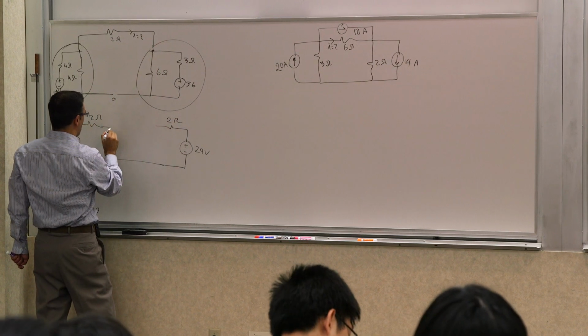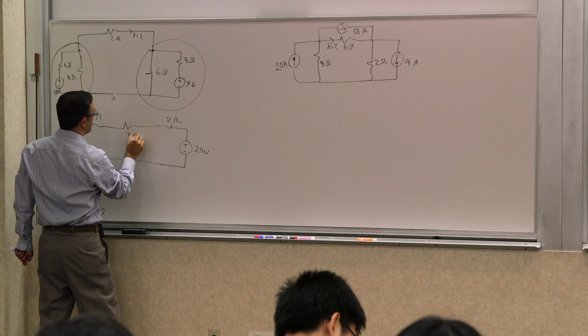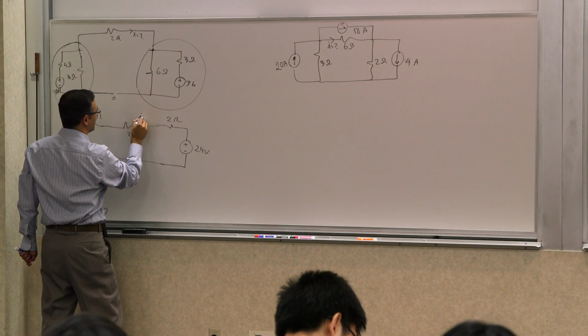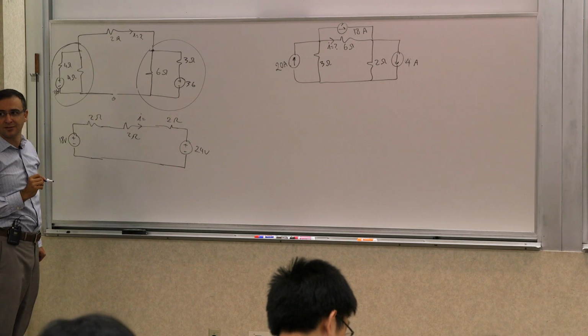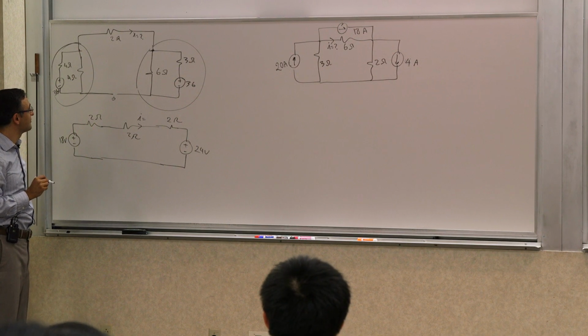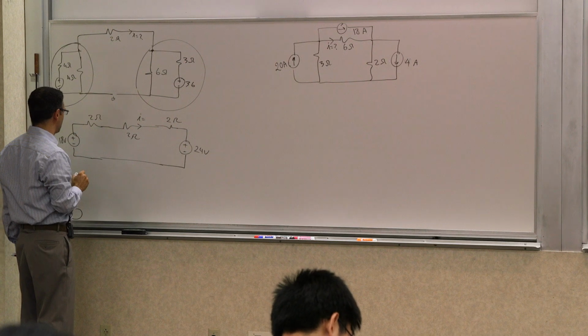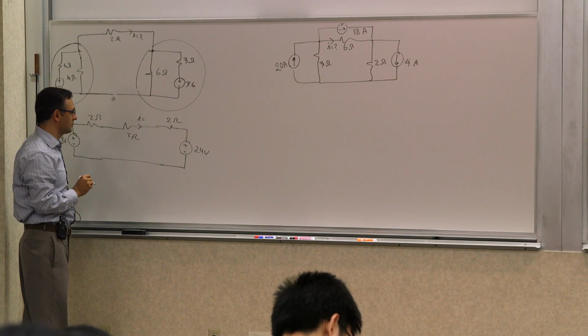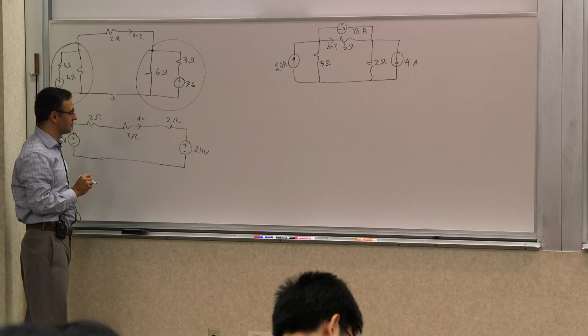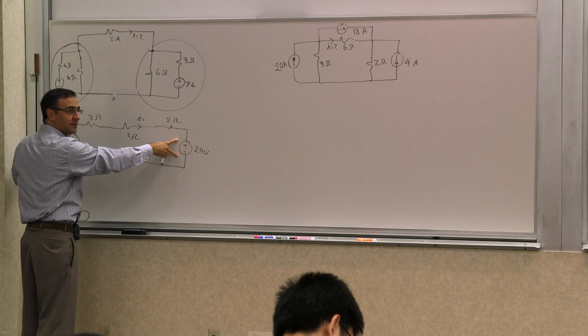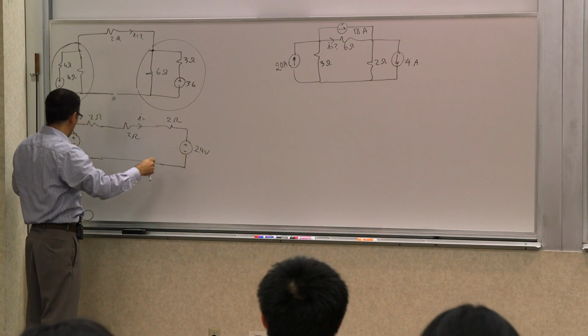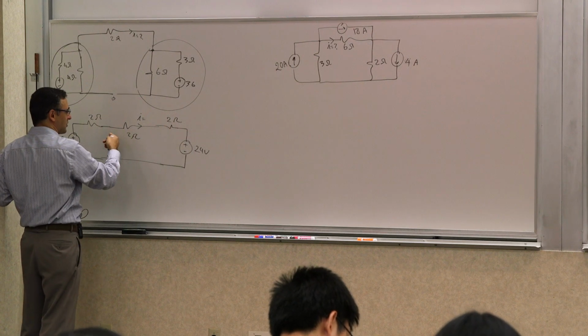So now I put that resistor in the middle, 2 ohms, and I want to find this current. Now this is a lot easier, right? So what is this current? It's 24 minus 18, which is 6, divided by 6 ohms.